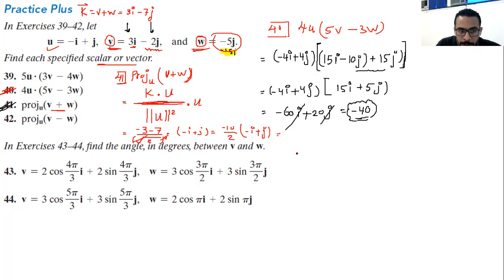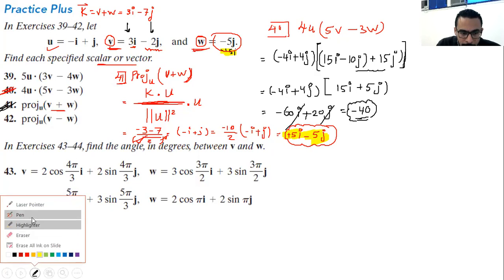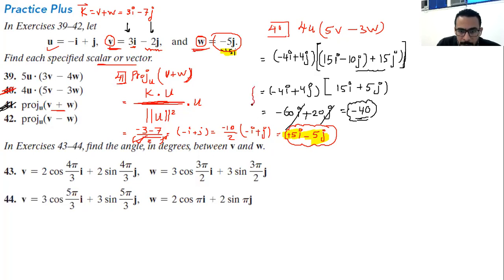The projection vector of the sum v and w onto u is negative 5 times negative i plus j: positive 5i minus 5j. Okay, this is the answer of 41, which is positive 5i minus 5j.